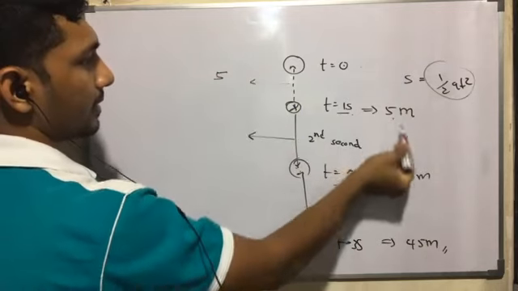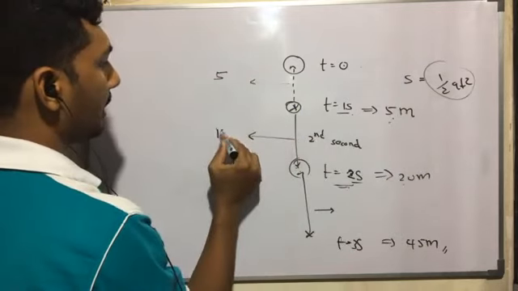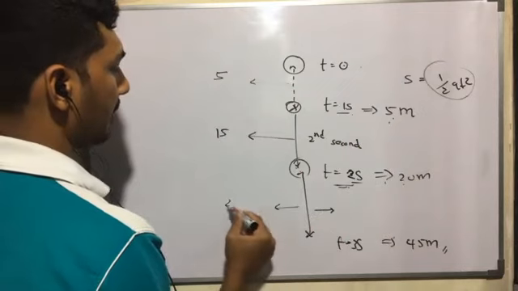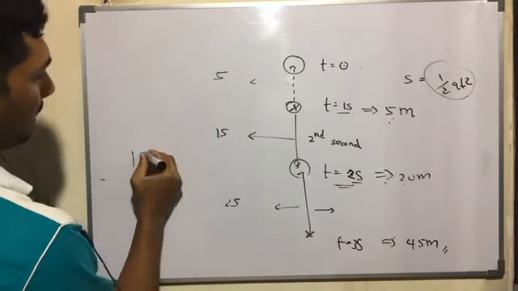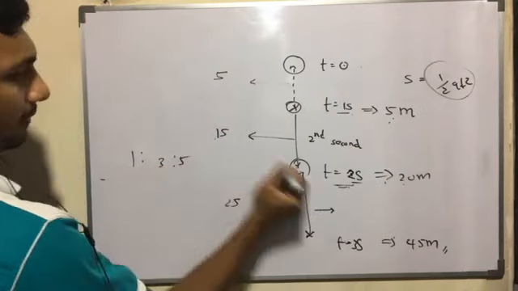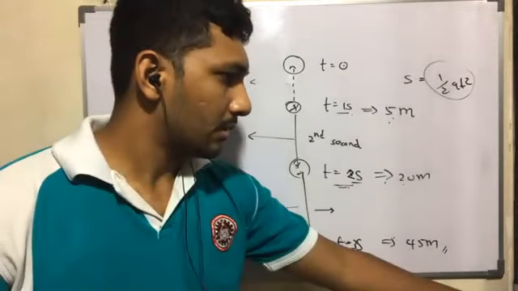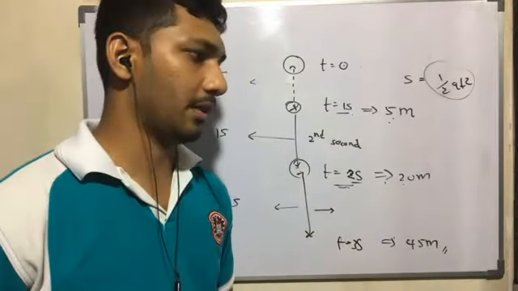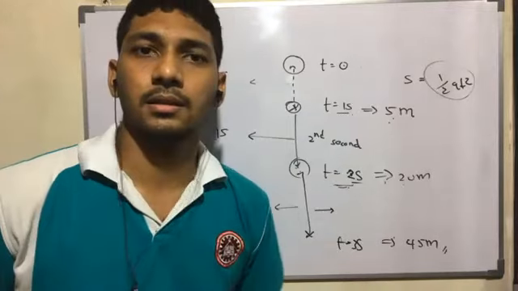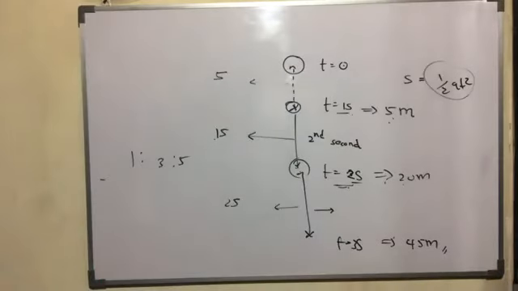This difference is 20 minus 5, 15. This difference is 25. So it is 1 is to 3 is to 5. So the answer is the fifth answer. You got it? Hope that you got it.